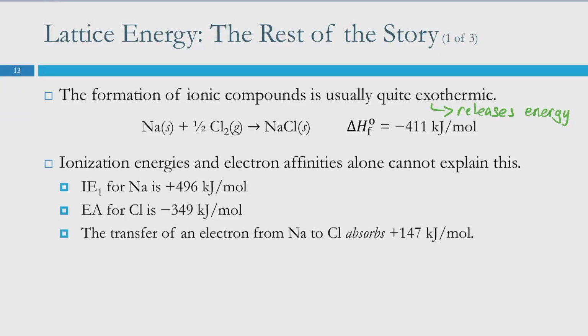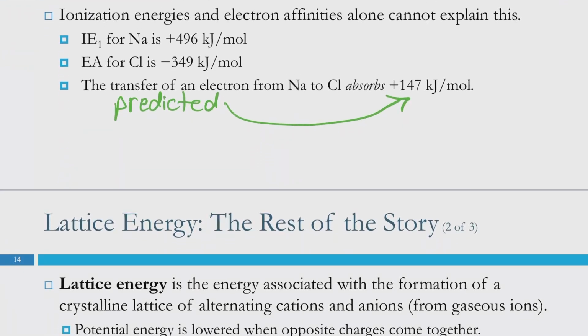So that predicts that we have to put in 147 kilojoules per mole in order to get the electron to transfer. But we know that it's minus 400. So where does that extra energy difference come from?